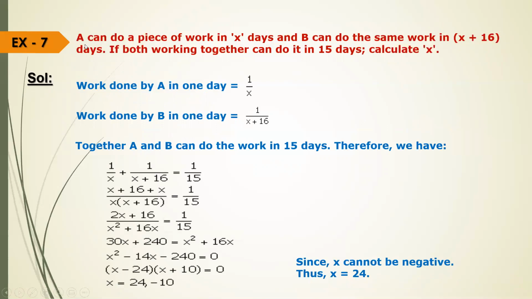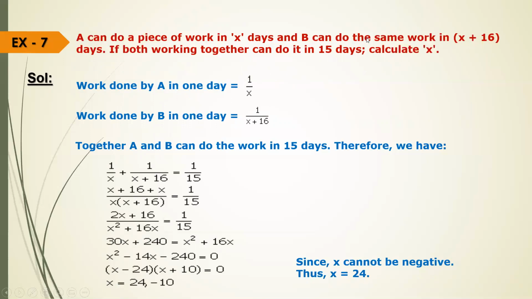A can do a piece of work in x days and B can do the same work in x plus 16 days. We have done the questions of time and work in lower classes. And one point which you have to recall is, if A can do work in x days, A's 1 day work will be 1 by x.